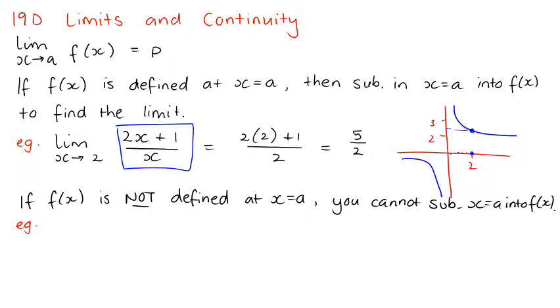For example, we have the limit as x approaches 2 of x squared minus 3x plus 2 over x minus 2. What's going to happen if we just substitute x equals 2? We get 0 on the bottom, and you can't divide by 0, it's undefined. So we need to do a bit of factorizing. If you've got this undefined x minus 2 on the bottom, you want to factor it out of the top. See if you can factor out x minus 2 from the top quadratic.